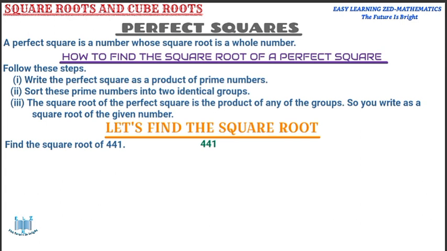First, I'm going to start looking at numbers that can go into 441. We know 1 can go into 441, but we are not going to use 1, because dividing 441 by 1 gives 441, which will keep us rotating on the same point.